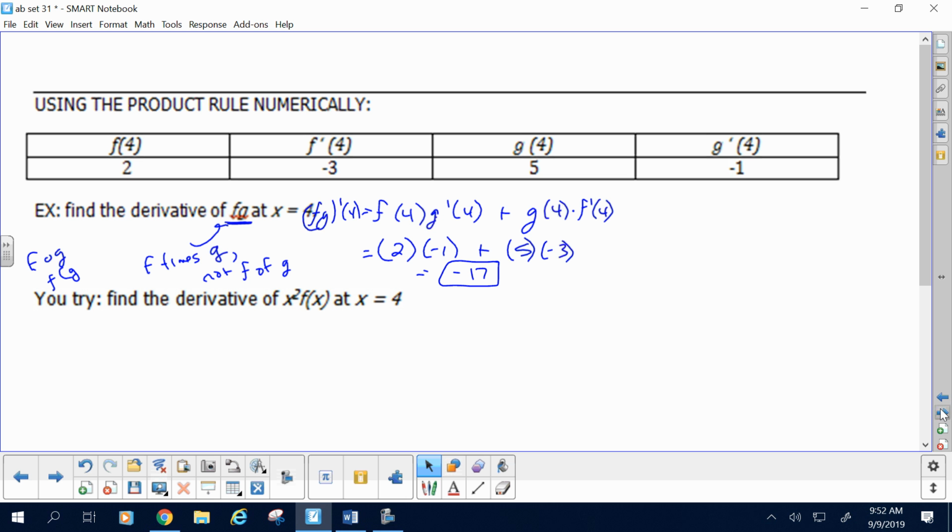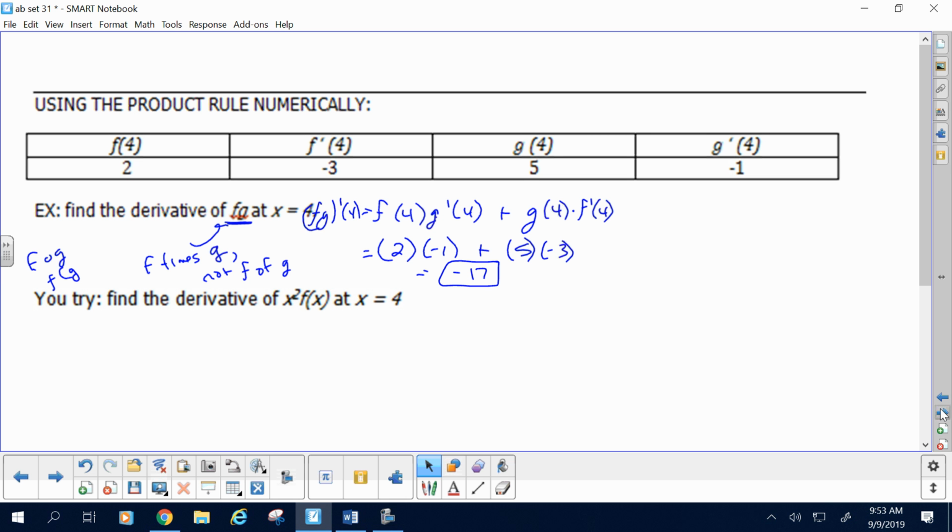x squared f of x at x equal 4, using that same table. I put the 4s in. You could have also just used f and g and then put an evaluation bar at the end.